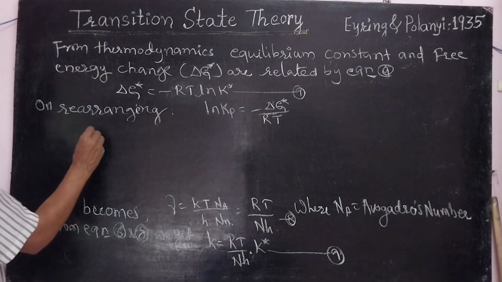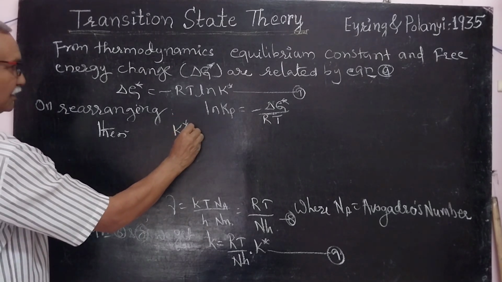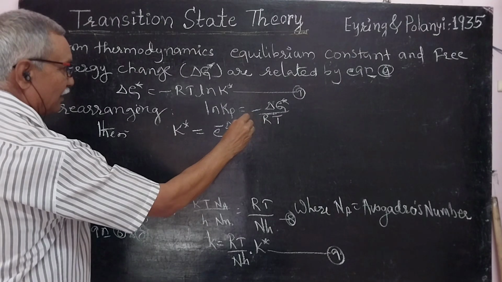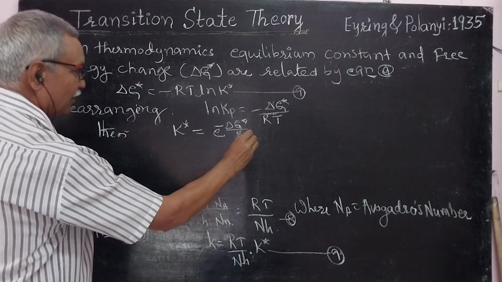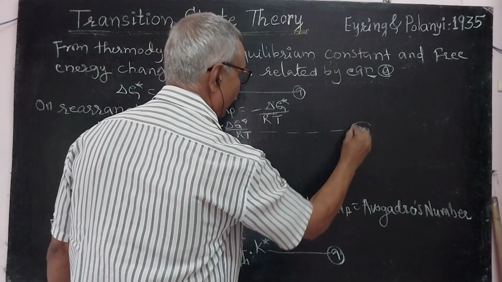Then K star is equal to e raised to minus delta G star divided by RT. So this is equation 10.